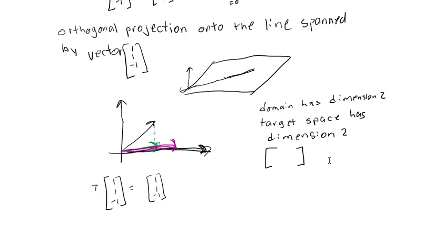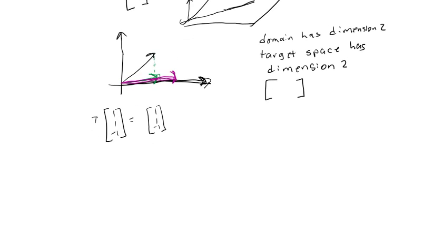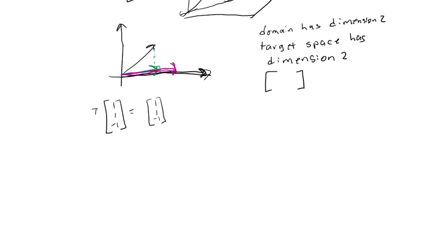Now, if we look at our other basis vector, we already noticed before that it was orthogonal. And so if we take the transformation of (5, negative 4, 1), we're going to get the 0 vector.